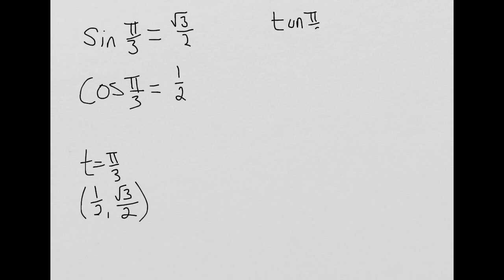Tangent of pi over 3. Tangent was sine divided by cosine. Square root of 3 over 2 divided by 1/2. We get the square root of 3. The cosecant of pi over 3 was 1 divided by the sine.